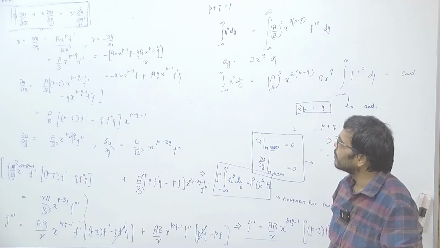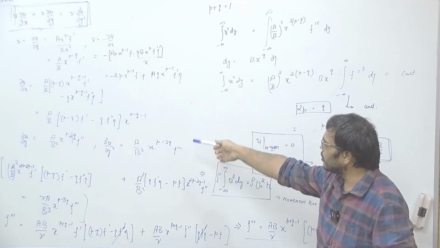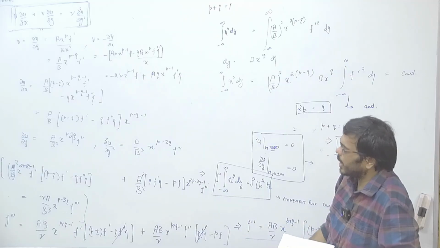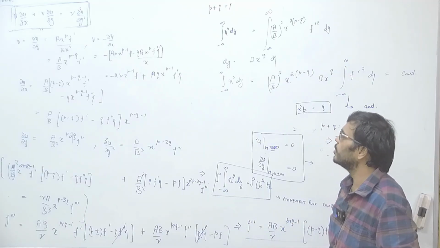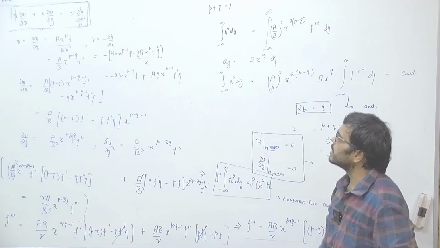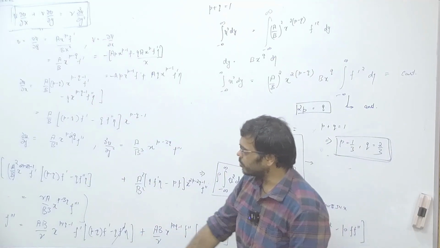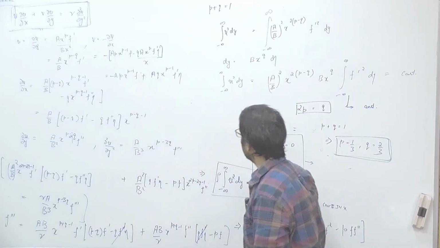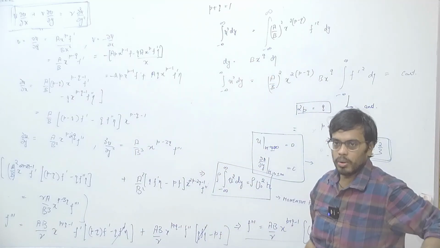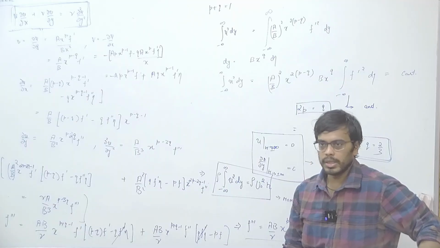I really do not want you to go through all of this algebra. I think there are benefits of going through it, but for this particular equation without the pressure gradient term, if you start with this similarity guess, you are always going to get p plus q equals 1, and there is no point really.